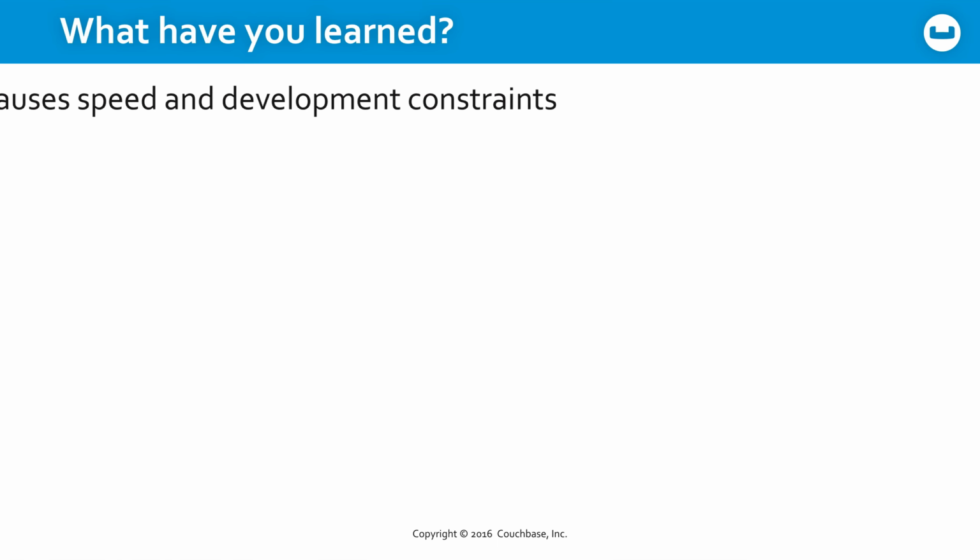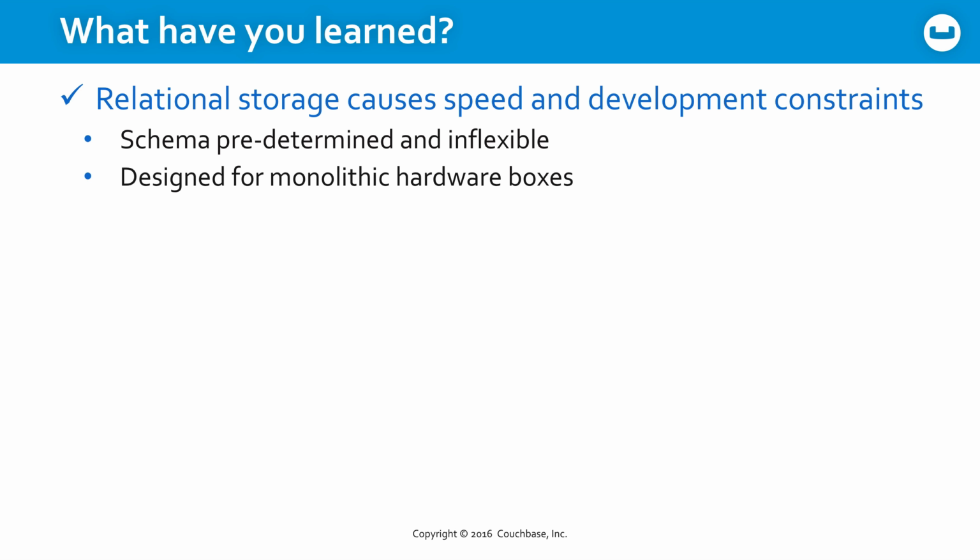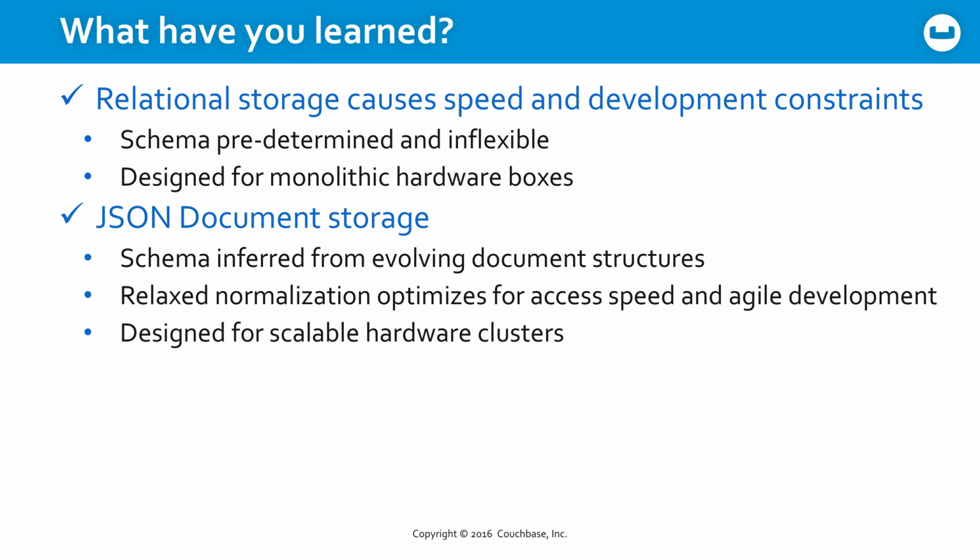So what have we learned here? First, relational storage causes speed and development constraints in your process. Your schema are predetermined and largely inflexible. It's also an approach that's designed for monolithic, expensive hardware boxes. JSON document storage, as we offer in Couchbase, allows you to infer your schema from evolving document structures.